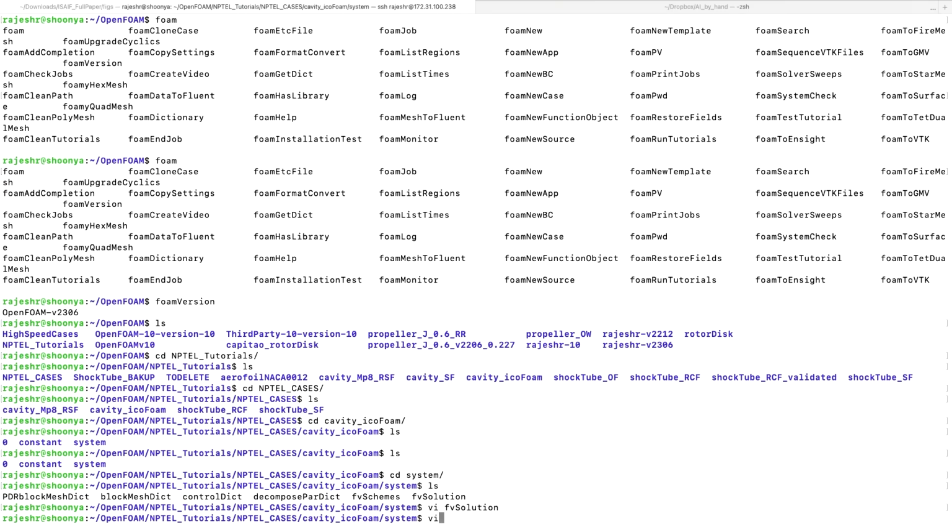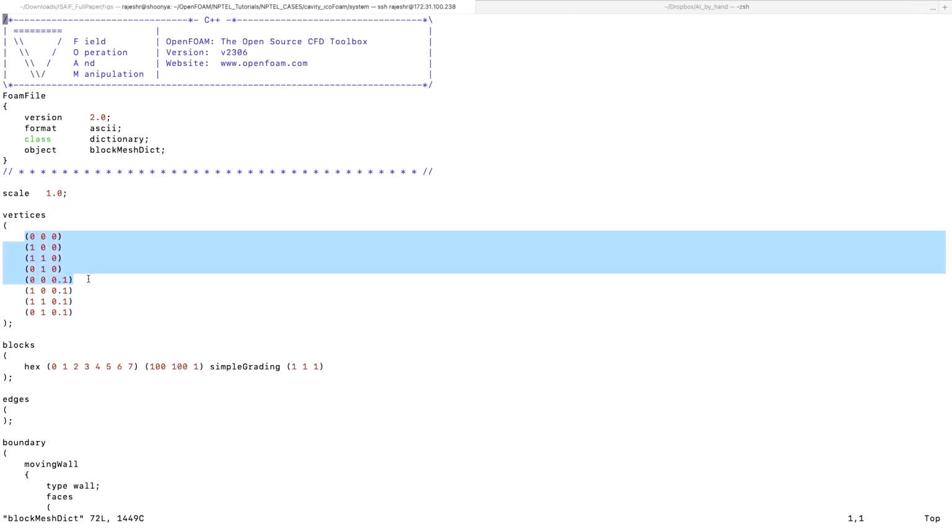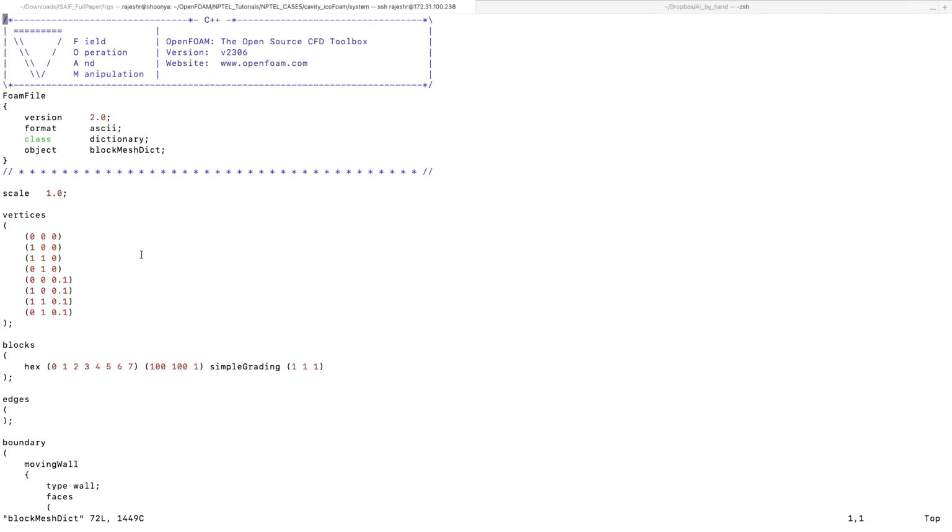Now look at the mesh. For simple meshes you can use blockMesh, but you can also create a mesh in any mesh generator and export it to OpenFOAM. You can see here these are two vertices, and by default OpenFOAM is a 3-dimensional solver.